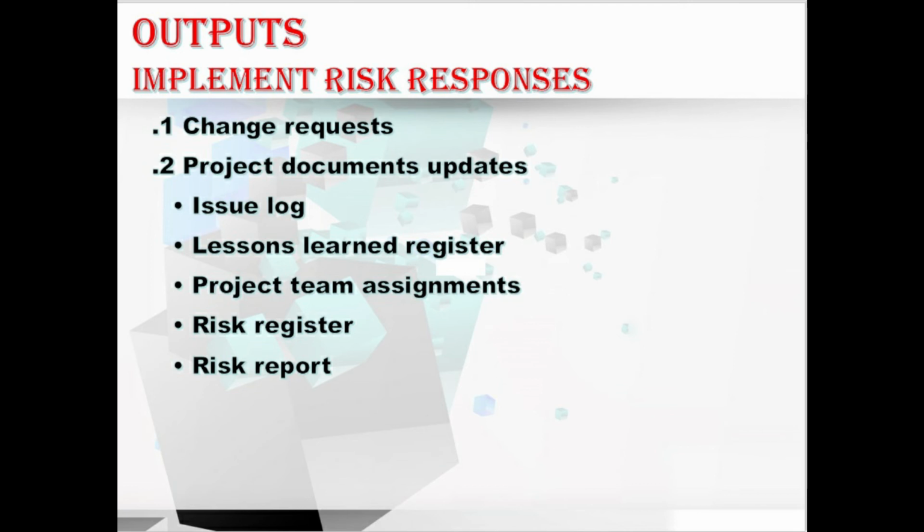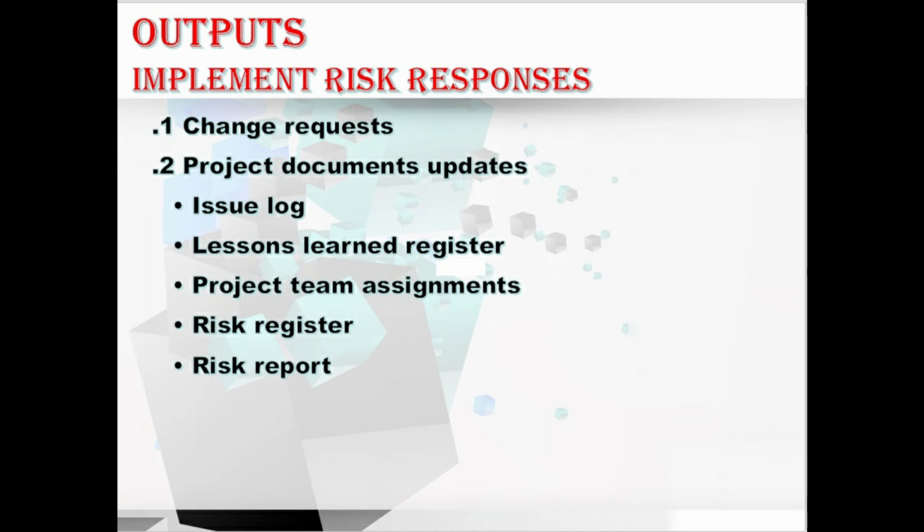Hope you understood this. Moving to the project team assignments. Here, once the risk responses are confirmed, the necessary resources should be allocated to each action associated with a risk response plan. Hope you understood this.